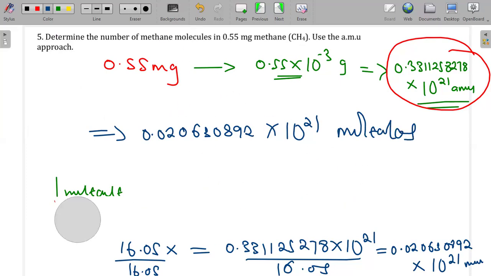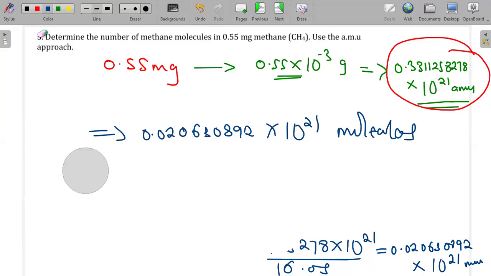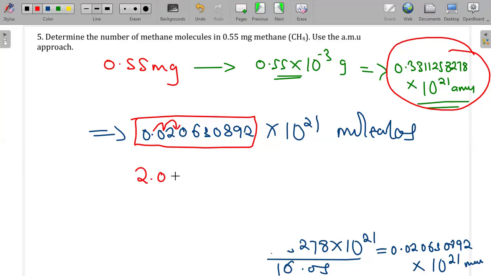I can actually make this scientific notation. For scientific notation, this number is required to be greater than 1 but less than 10. So I'll move this point 2 times to the right, so it'll be 2.06308892 multiplied by 10, and since I've moved 2 times to the right, I subtract 2 from that power.